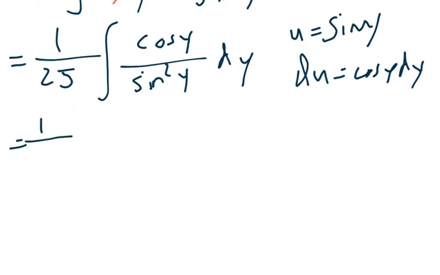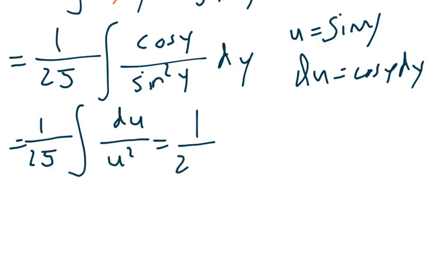So we get 1 over 25 integral du over u squared, which I always like to write u to the minus 2 du.